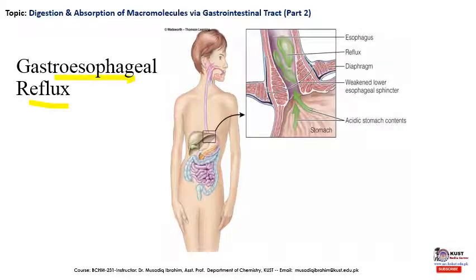Now, what is gastroesophageal reflux? So in this diagram, you can see that this is the esophagus area, this is the diaphragm with the muscles, and these are the weakened lower esophageal sphincter muscles, and these are the acidic stomach contents which are going through the esophageal sphincter muscles upward towards the esophagus.